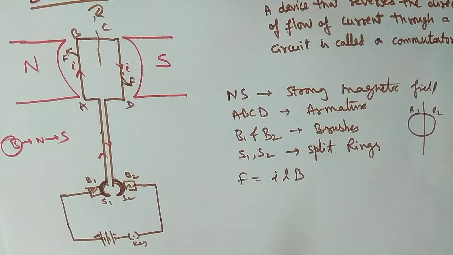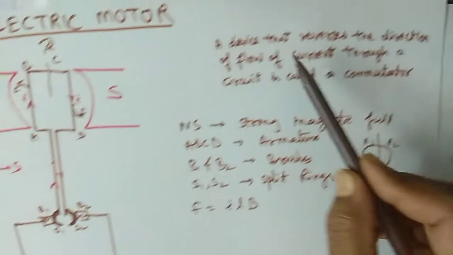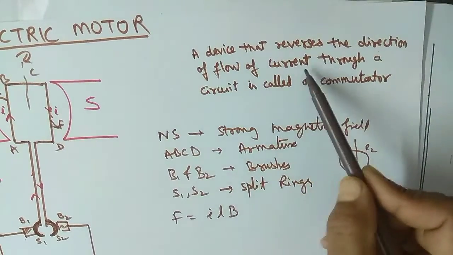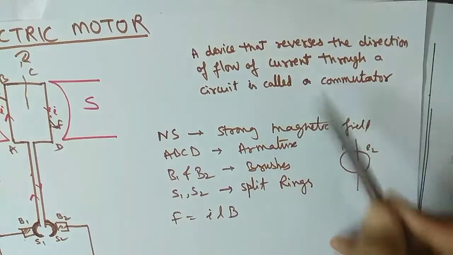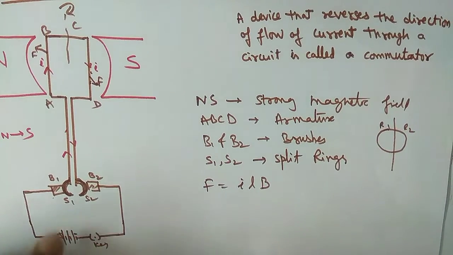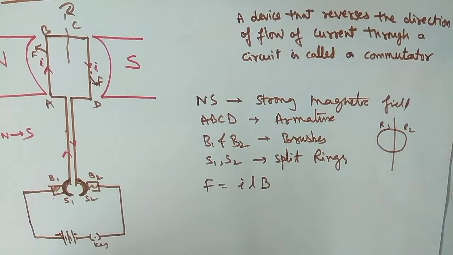This is the working. Now see the working of the split rings, which are also known as the commutator. Why? Because a device that reverses the direction of flow of current through a circuit is called a commutator. See, when current flows, after half a cycle, after half a round, its direction will change.